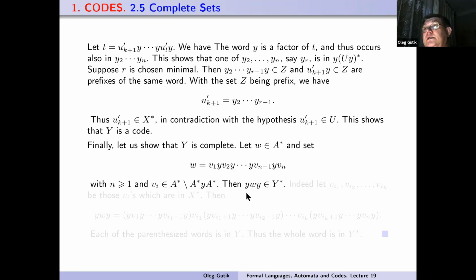Then we have that w belongs to the monoid Y capital star.